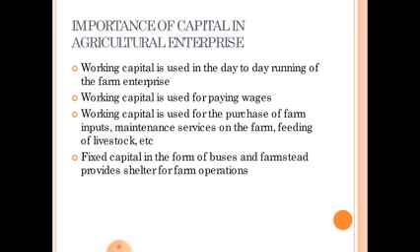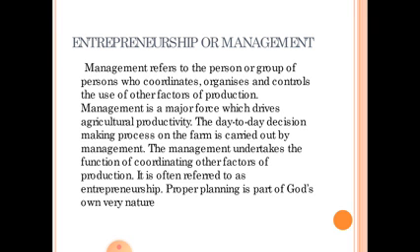Let's now look at the last factor of agricultural production, which is entrepreneurship or management. Management refers to the person or group of persons who coordinates, organizes, and controls the use of other factors of production.